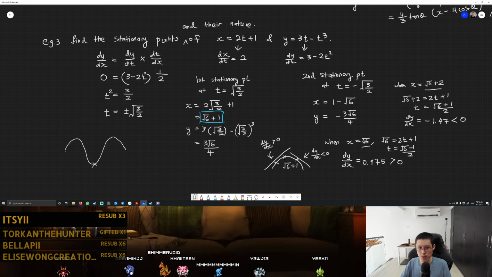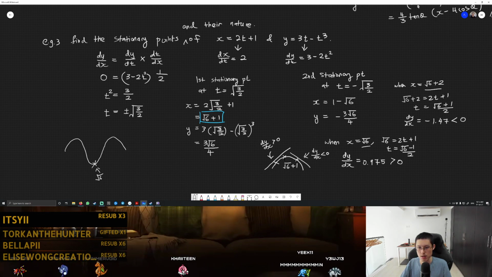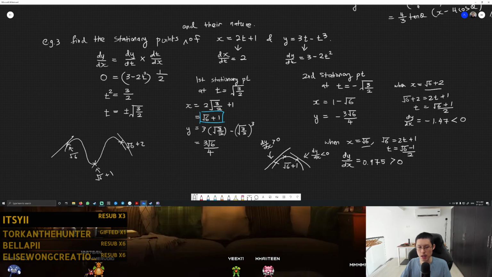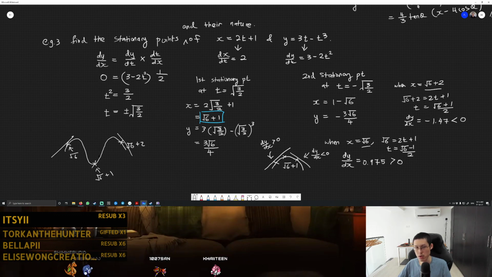Maybe this point here is root 6 plus 1, and when you take root 6, it's actually referring to this point here. So you find a positive gradient. And then this is root 6 plus 2, which is a negative gradient. And then you incorrectly conclude that this is a maximum point. So that is a possibility.